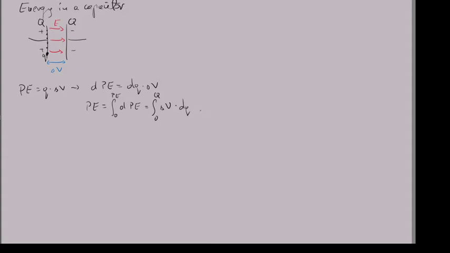Now the expression for delta V is, let's see, this was C equals Q over delta V, and so what I have is Q over C. So then potential energy is Q over C. Oh, I see.